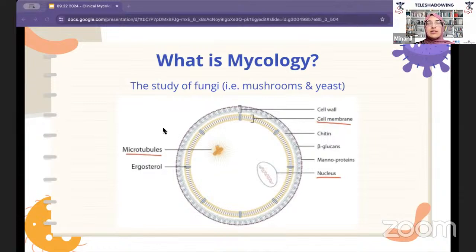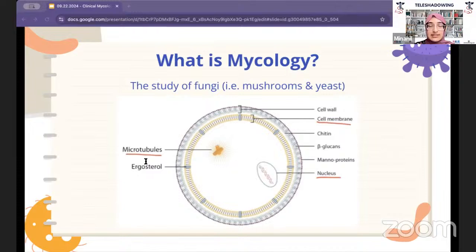Ergosterol is an important target of certain antifungals. Examples are nystatin and amphotericin B. That's very important to remember, and I'm emphasizing it for a reason. Another difference between human cells and fungal cells is that fungi have a cell wall composed of chitin. So in summary, fungi are similar to human cells: they have a nucleus, cellular structures like microtubules, and a cell membrane.